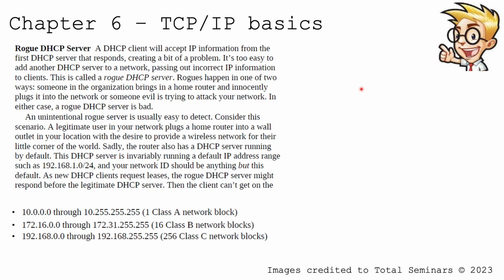But if they already have a DHCP server out there, it may cause conflicts on your network. You may not be able to access the same network resources. It may hand out a different subnet mask, and it's going to create problems.